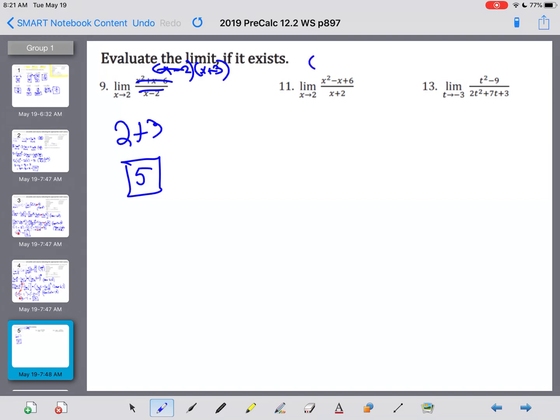Over here, again, let's factor the top. x minus 3, x plus 2. We do that, so we get 2 minus 3 when we substitute that in with direct substitution, and we get negative 1.